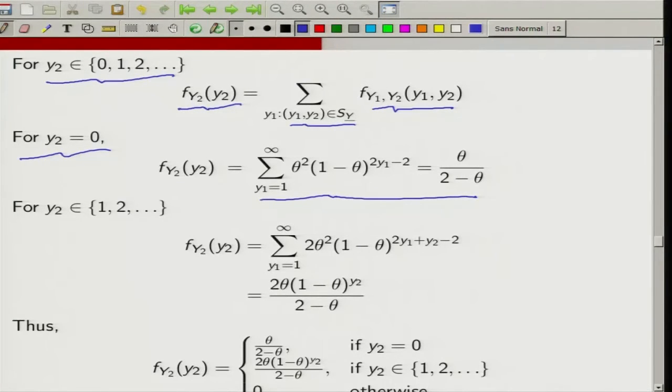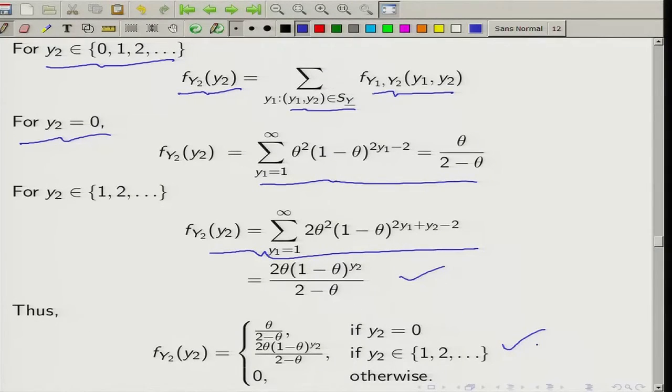For y2 equal to 1 and so on, y1 can go from 1 to infinity, which gives this quantity. So, you get f_Y2 as this. Very simple exercise to verify. I am not explaining each and every step, but these are straightforward calculations.